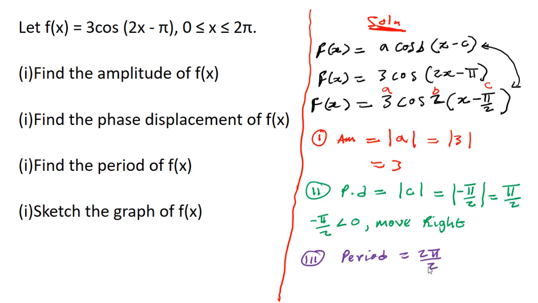So 2π over b, of which b is just a 2 in our case. So that means that our period is just simply equal to π.